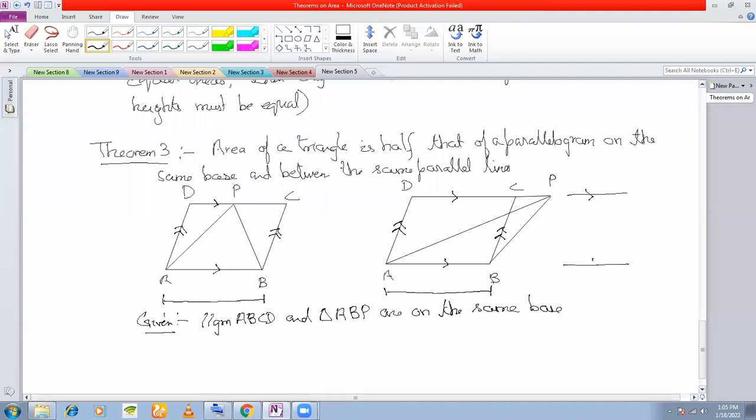These two parallel lines. Between the same parallel lines. What do you mean by a triangle and a parallelogram being between the same parallel lines? It means that the heights of the parallelogram and the triangle are equal.